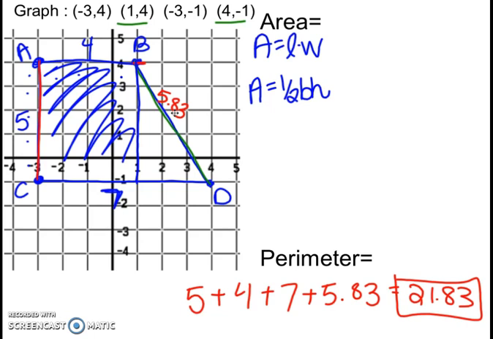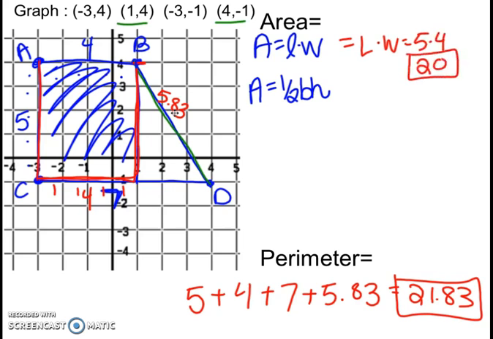So I'm just going to find the area of the two shapes and then add them together. With this square, I know the height is a 5 and the length is 1, 2, 3, 4. So the area of the square would be length times width, which would be 5 times 4. So 20 would be the area of my square.